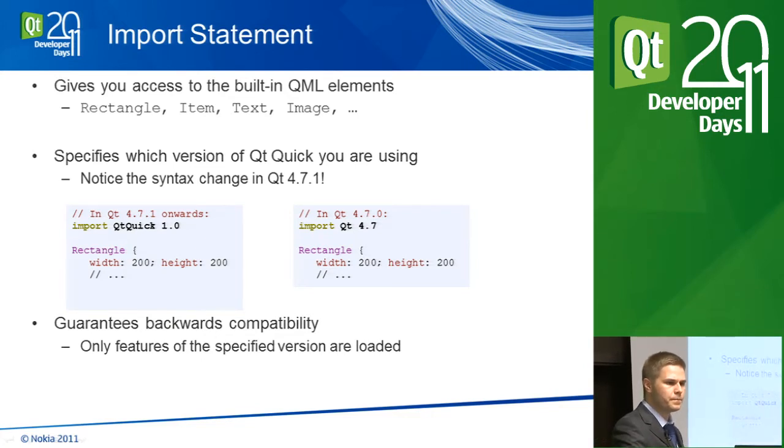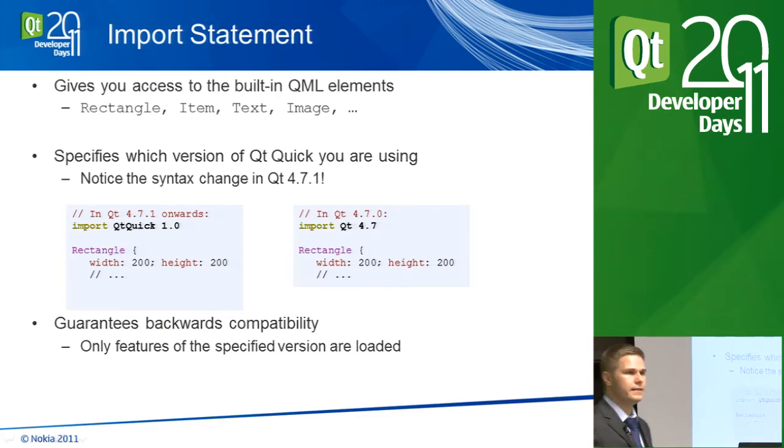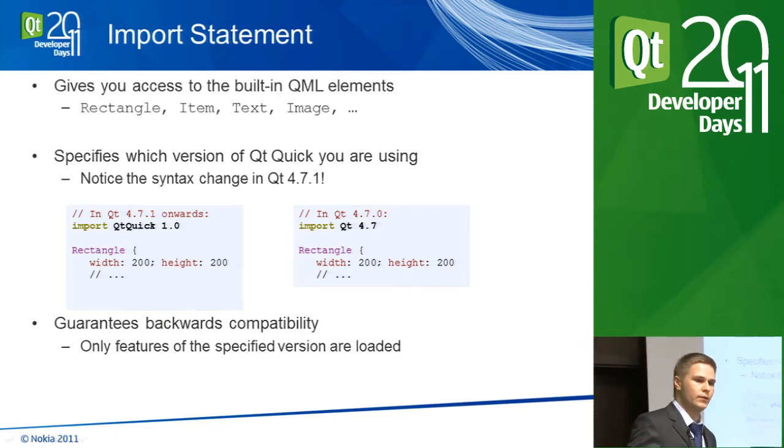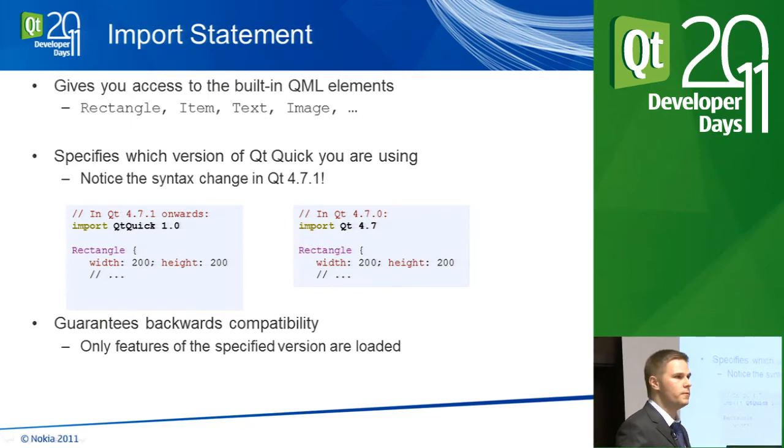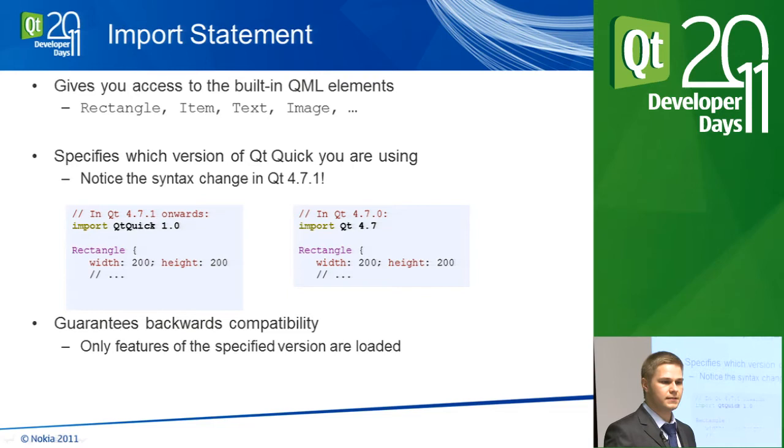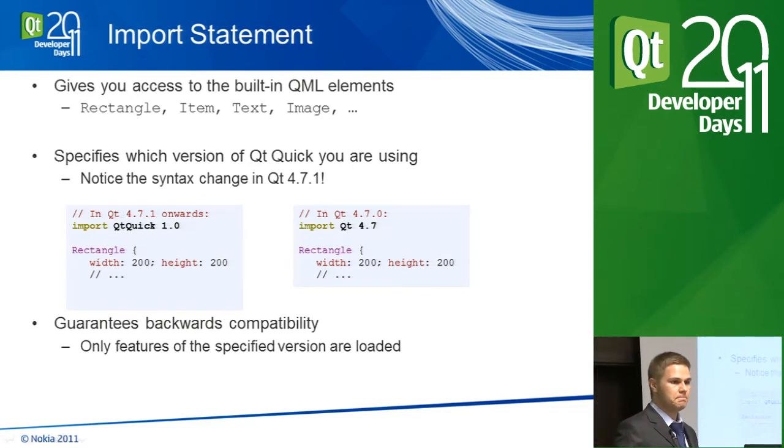So the elements that we have seen, the built-in QML elements in the previous example, were rectangle, item, text, and image. Quite obvious what they represent. And then there was the other part.